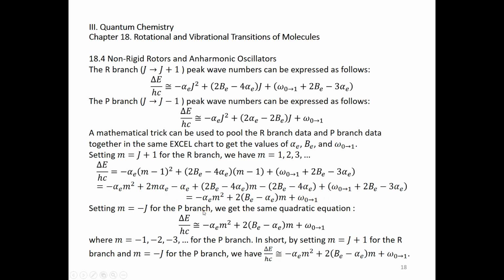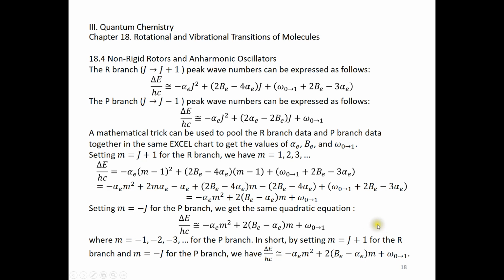Now for the P branch, we set M to be negative J. Now it's simple, J is negative M, so we replace this J with negative M, this J with negative M, and we just get this quadratic function. Now let's compare the two quadratic functions, one for the R branch, one for the P branch.